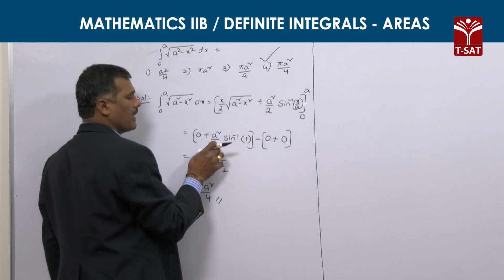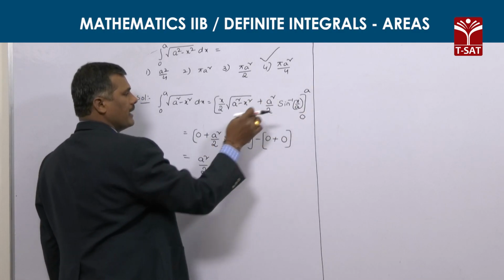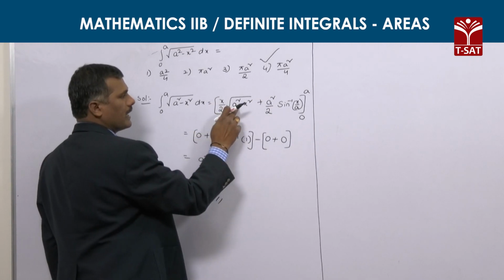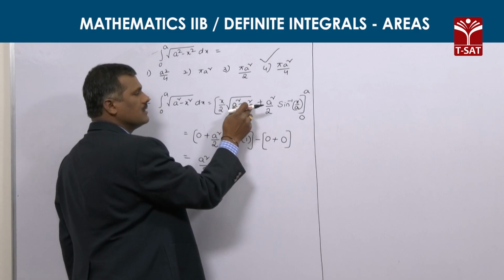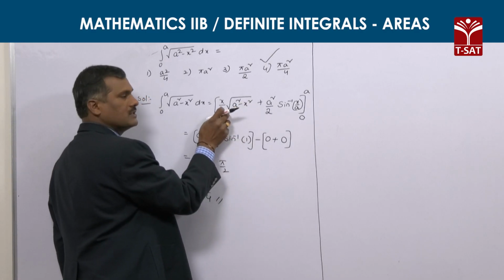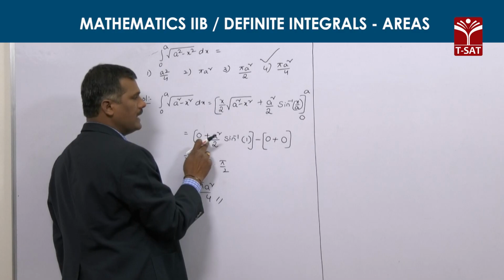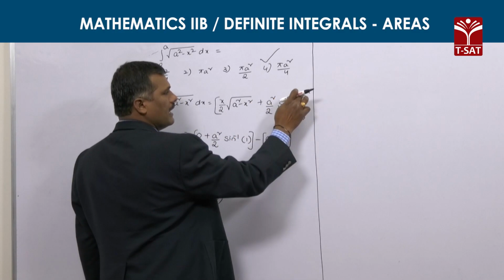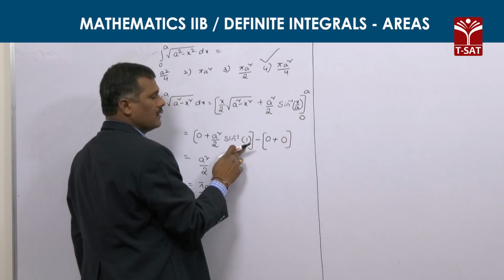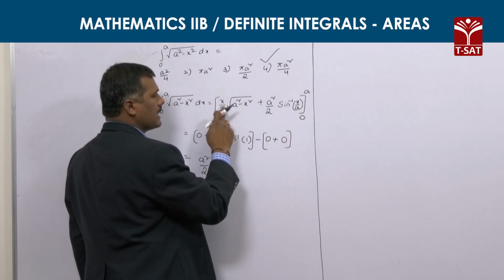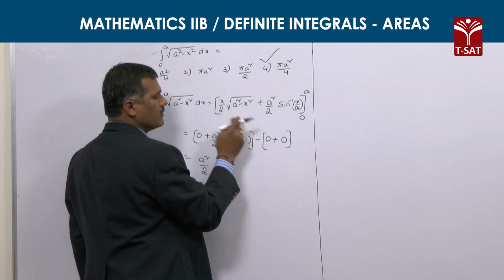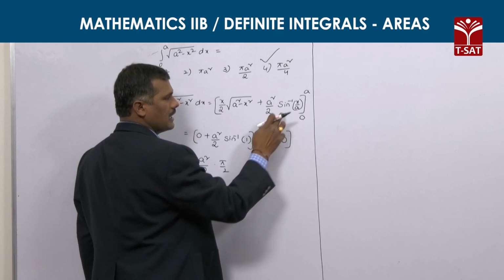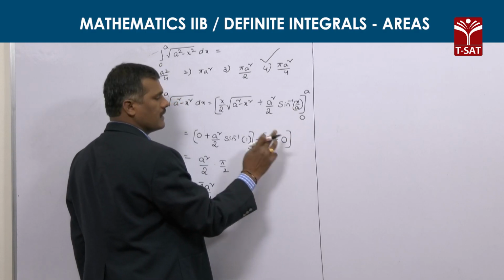First substituting the upper limit minus the lower limit: upper limit a by 2 into root over a square minus a square, which is 0, so that part is 0, plus a square by 2 into sin inverse of a by a, which is 1, minus the lower limit: 0 by 2 is 0, plus sin inverse of 0 by anything is 0, sin inverse of sin 0 is 0.